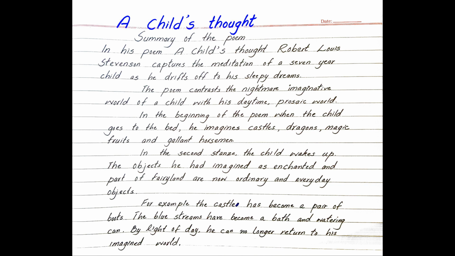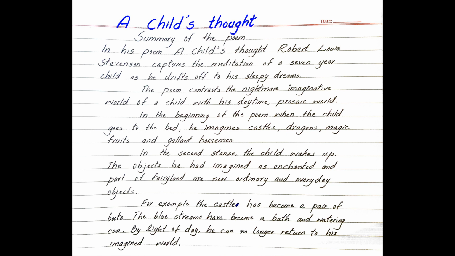In the beginning of the poem, when the child goes to bed, he imagines castles, dragons, magic fruits, and gallant horsemen. In the second stanza, the child wakes up. The objects he had imagined as enchanted and part of fairyland are now ordinary and everyday objects.